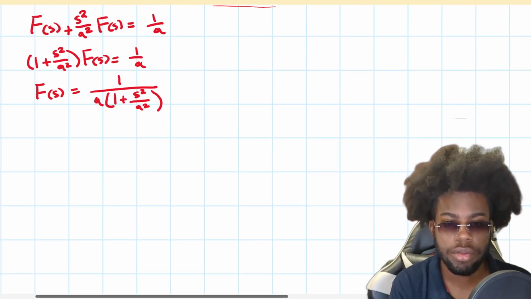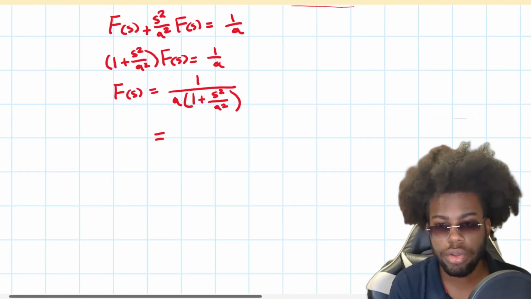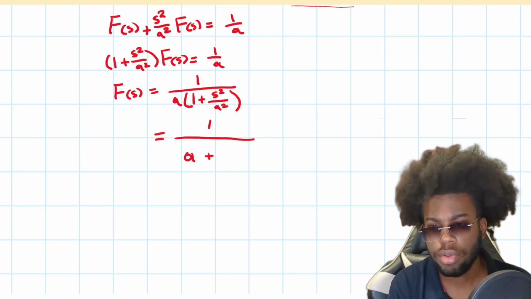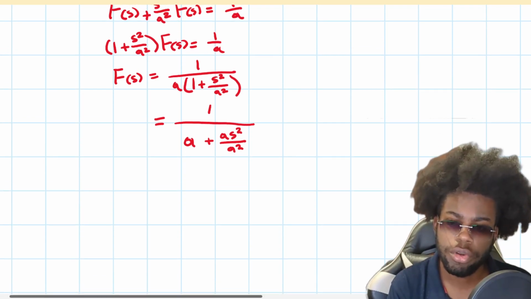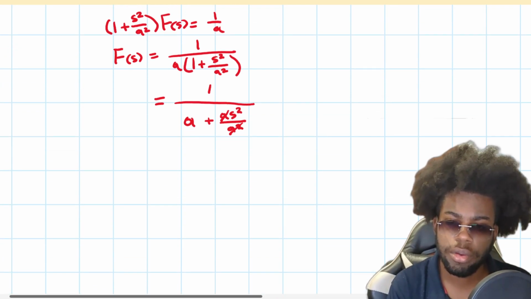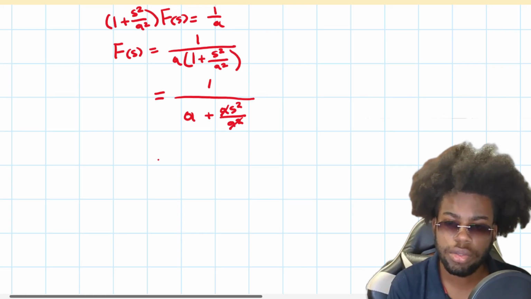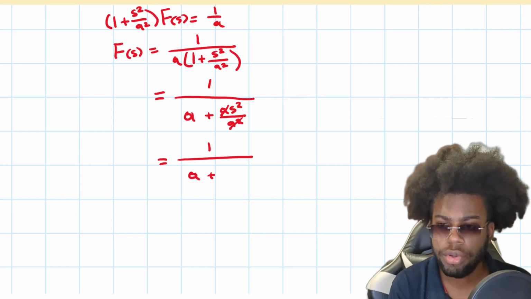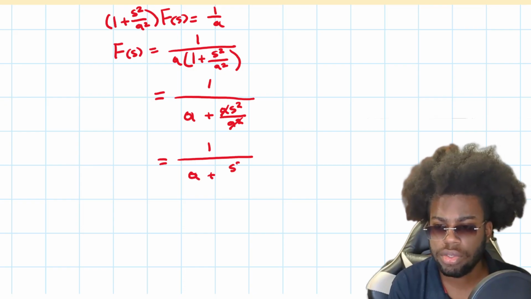Let's keep going. This is then equal now to 1 over a plus a s squared over a squared. Of course, here we'll cancel it there, and we get 1 over a plus s squared over a.